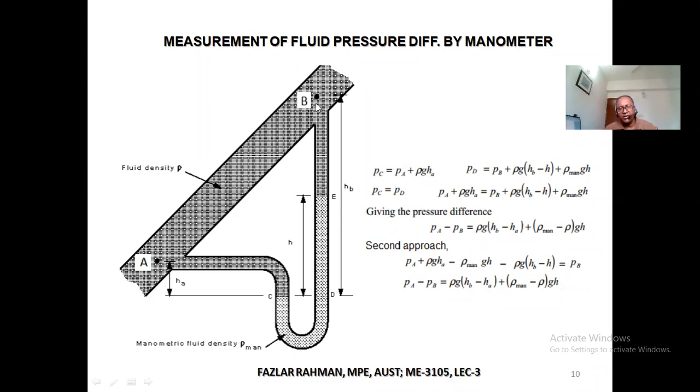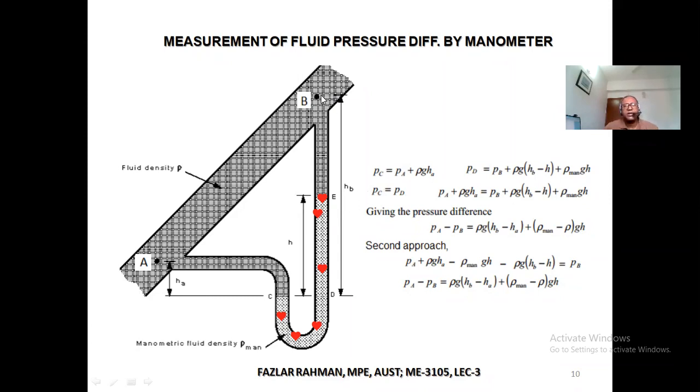Now, how can we figure it out? You look at the picture. Your manometric fluid is in the bottom, right over here, and it is a fluid rho M. And the height difference of the manometric fluid is this much, that means H. And the fluid passing through the tube is inclined, and the vertical height from point A to C is HA, and the vertical height from B to D is HB.